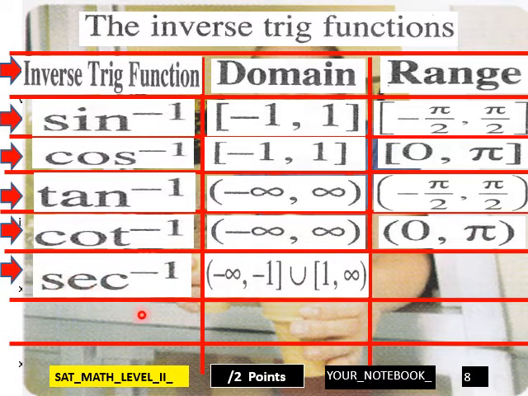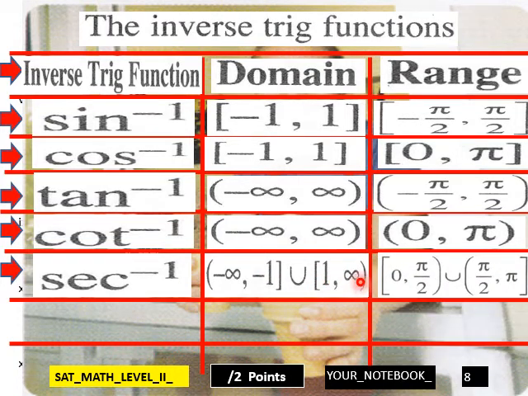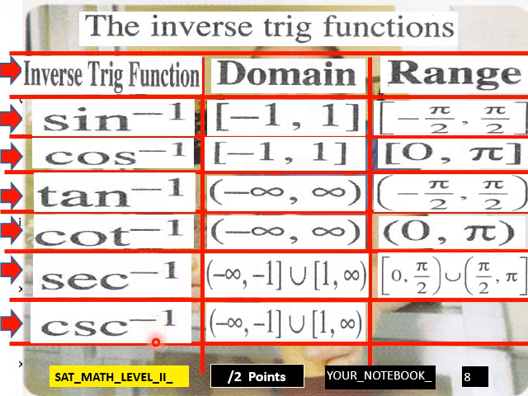And then the inverse secant would have domain negative infinity to -1 in union with 1 to infinity, and then your range would be 0 to pi/2 in union with pi/2 to pi. And then the inverse of cosecant would be negative infinity to -1 in union with 1 to infinity, and in turn your range would be -pi/2 to 0 in union with 0 to pi/2.